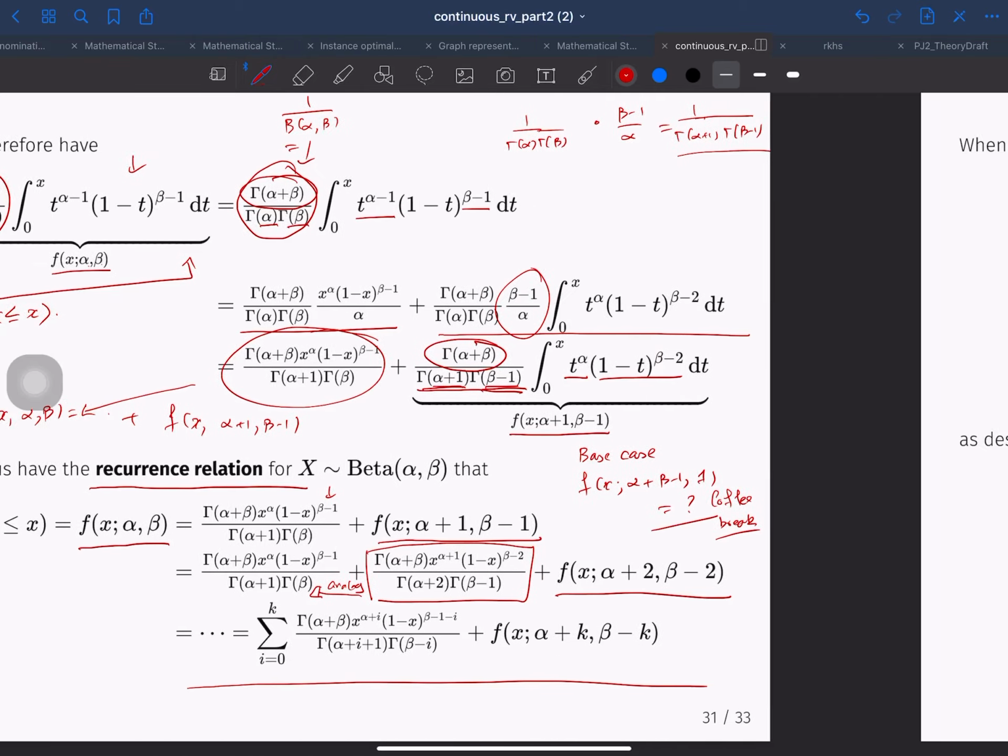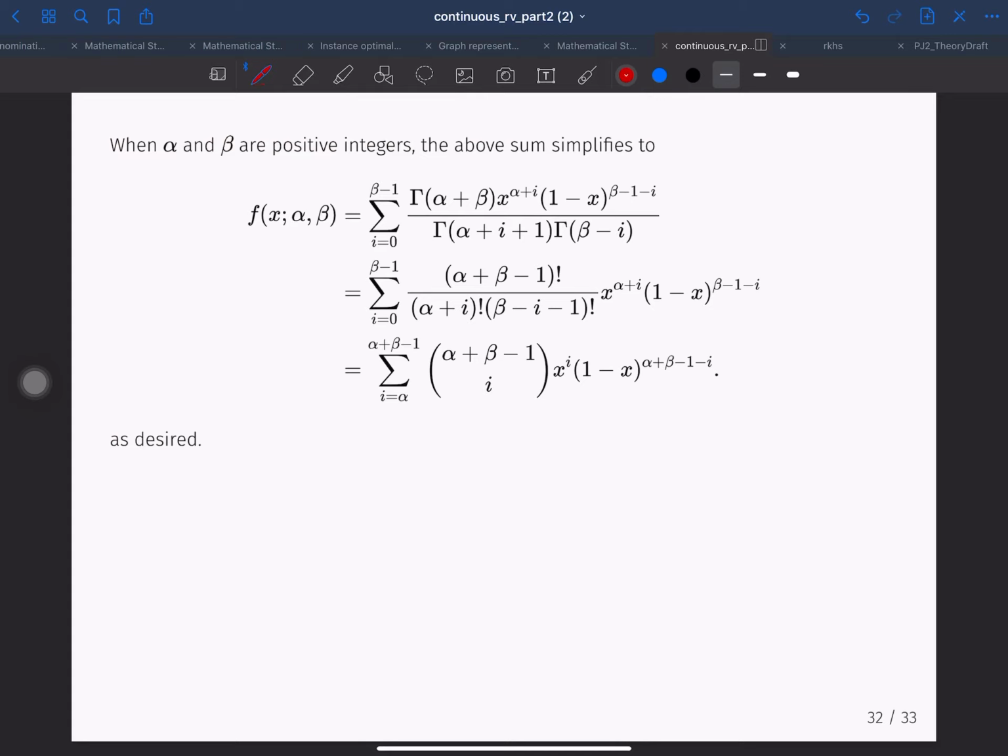But in any case, when alpha and beta are positive integers, the sum simplifies to this. We see beta minus 1 appearing here. And then this is the definition of the gamma function: gamma of alpha plus beta is alpha plus beta minus 1 factorial. And similarly for the denominator.